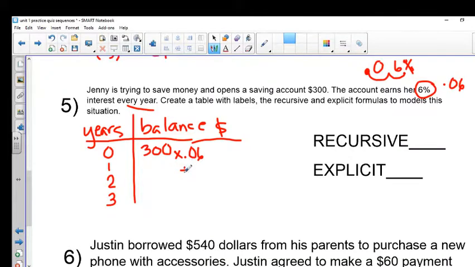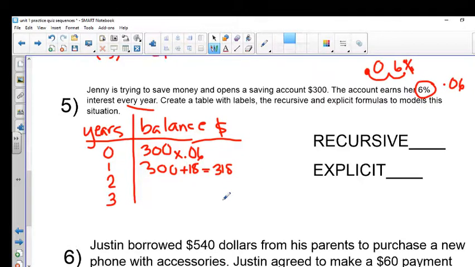So she'll get $18 here. But we have to take our previous amount and plug it in. Okay? So now we get $318. So we have to keep going with that pattern.